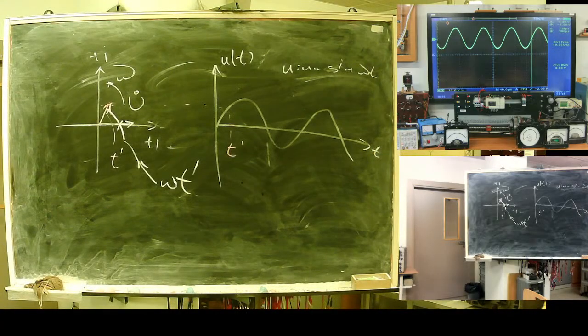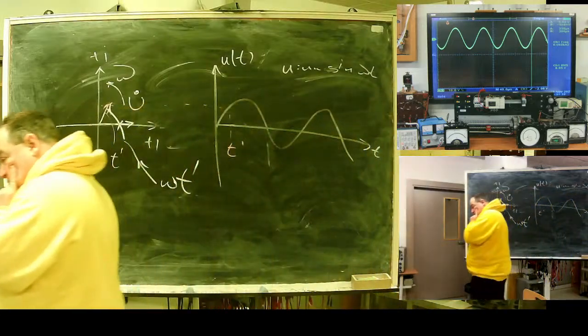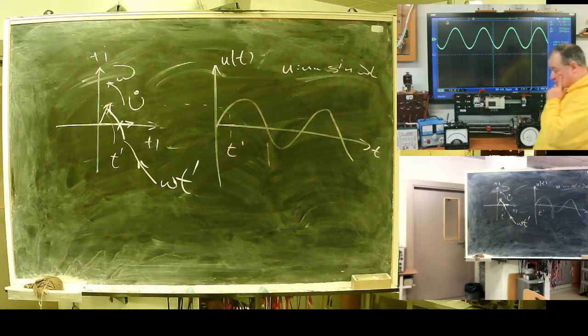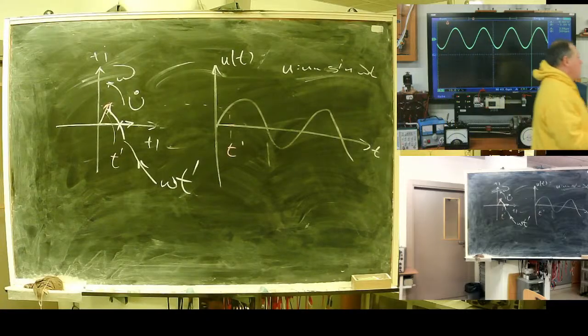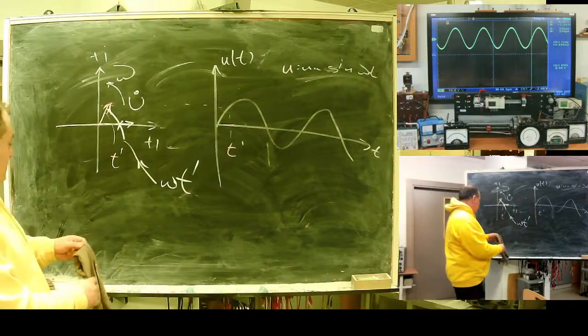Phasor representation means what? For every voltage or current, there exists its phasor, so a real signal.